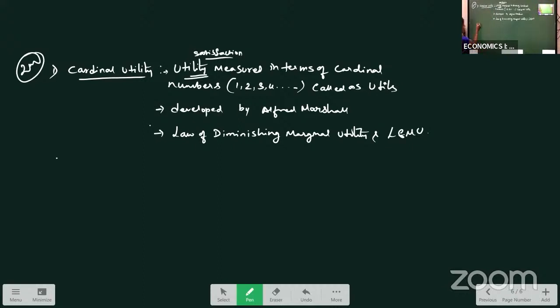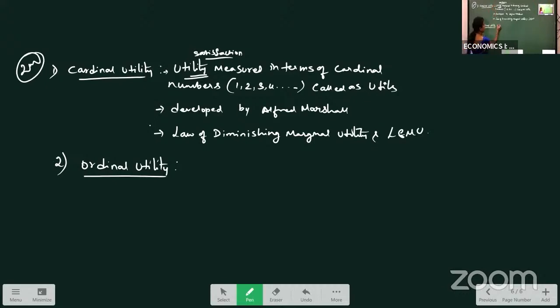Now, the second one we have is ordinal utility. Ordinal utility means what? See, cardinal and ordinal, I said two approaches, two methods of calculating the utility, the satisfaction derived by the consumer. In this chapter, utility means satisfaction, how the consumer is getting satisfaction.